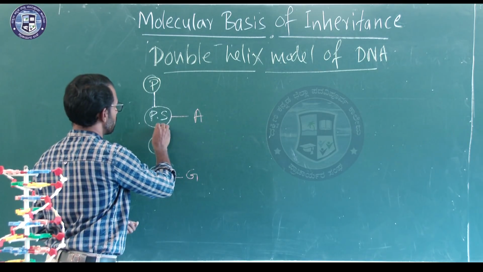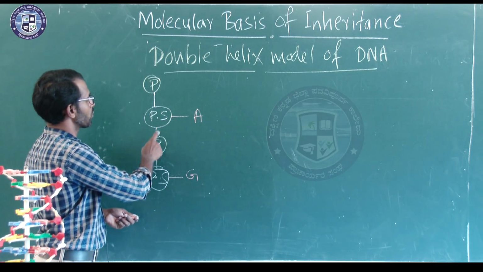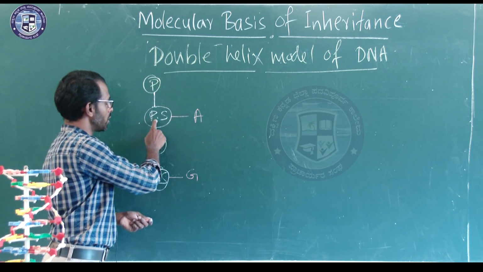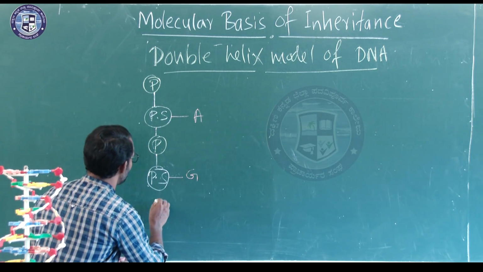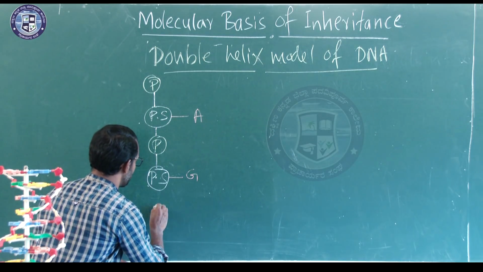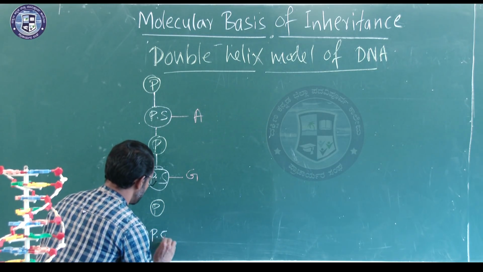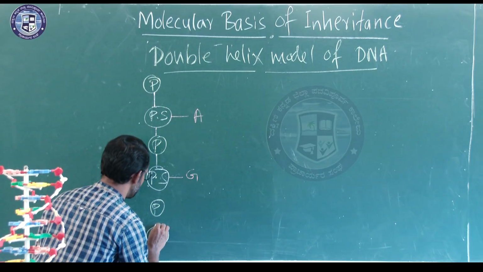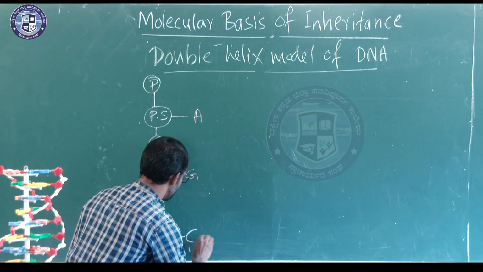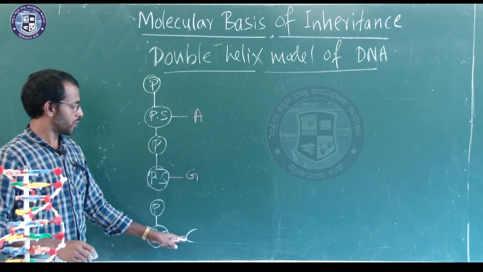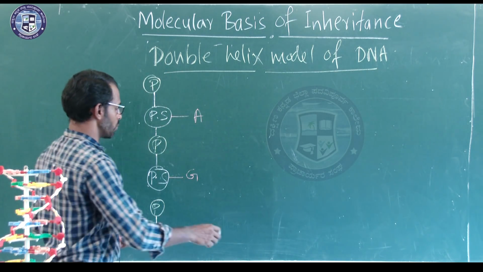And here we saw the phosphodiester bond formed between this phosphate group and the third carbon atom of the pentose sugar, and the pattern will continue. Once again, we can find a phosphate group here, a pentose sugar and a nitrogen base, and in a similar way the pattern gets continued.